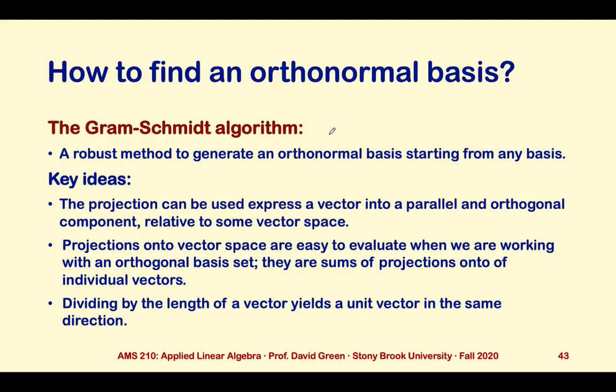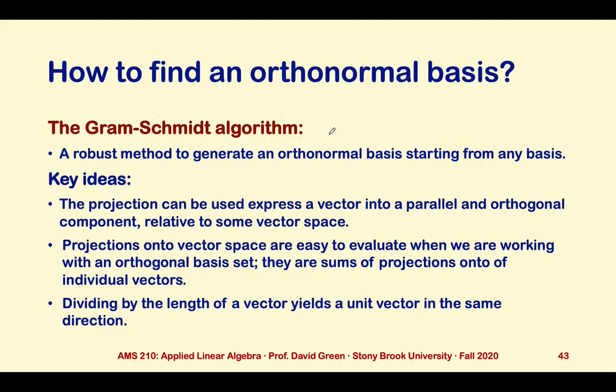One of the themes of linear algebra, one of the recurring things that we see, is that part of linear algebra is the development of robust algorithms that let us solve problems. Gaussian elimination is a robust algorithm to solve for the set of solutions to any system.